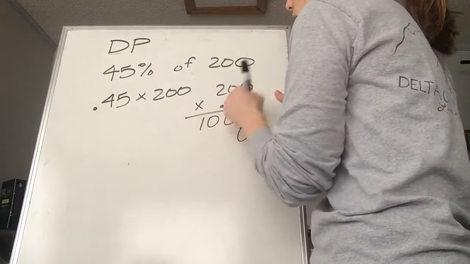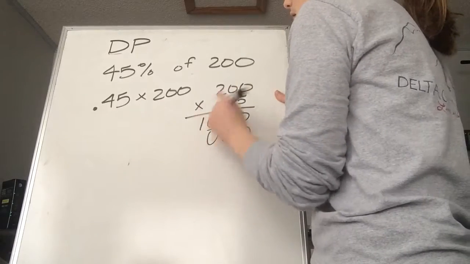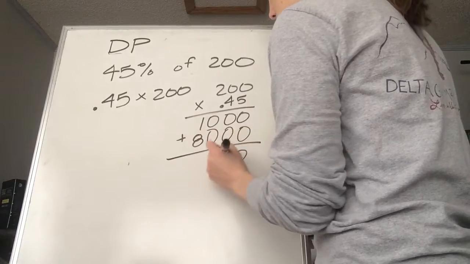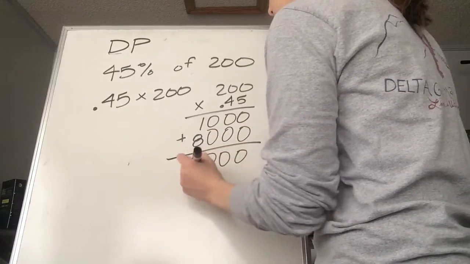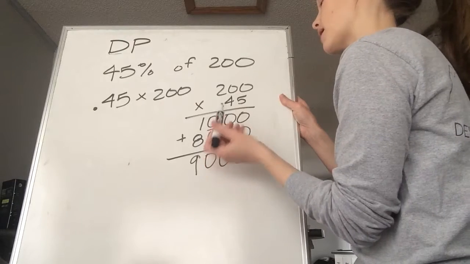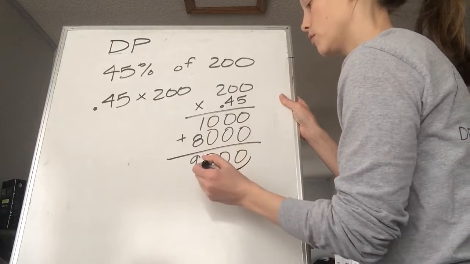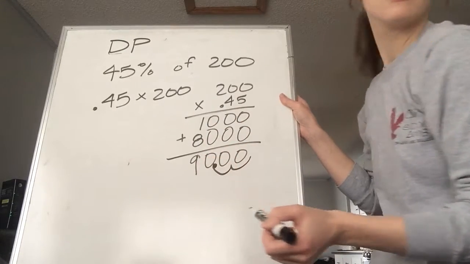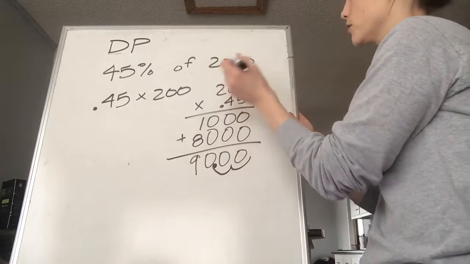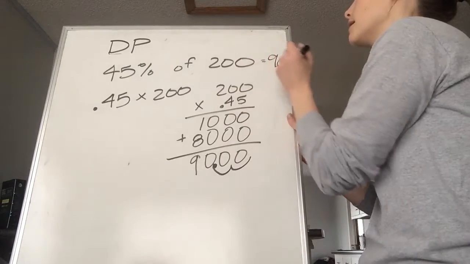Do a placeholder. 4 times 0 is 0. 4 times 2 is 8. And then we have 2 numbers behind the decimal. So 1, 2. So 90. So 45% of 200 is 90.